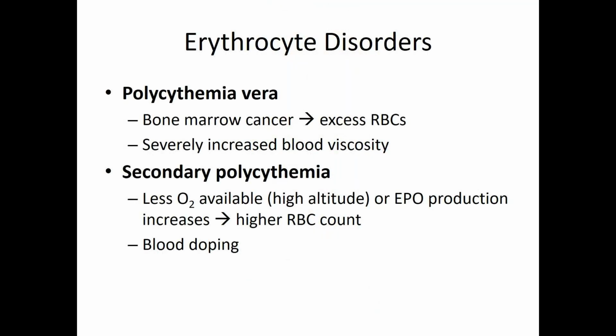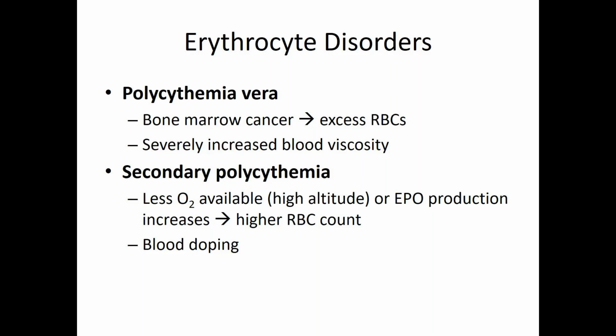There are a handful of other things here that affect erythrocytes a little more directly. Polycythemias. There are polycythemia vera, or true polycythemia, or secondary polycythemia. Here our issues are of too many red blood cells. So rather than having an anemia, we have a polycythemia. Poly here, right? Many cell, anemia, blood, many red blood cells. Okay.